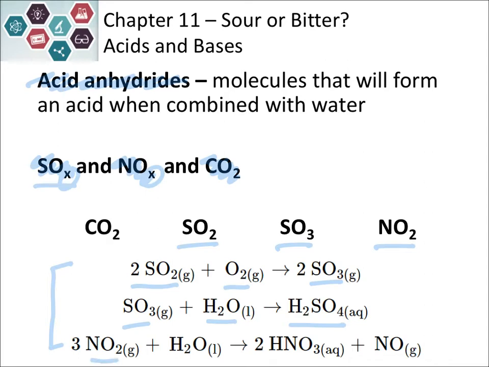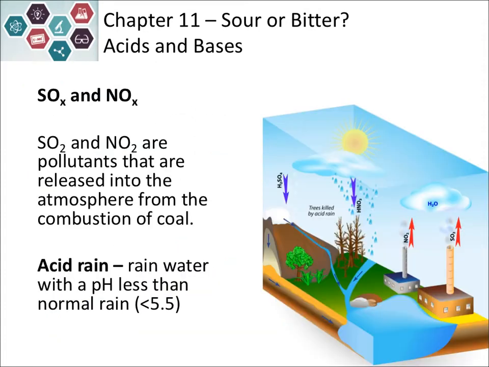NO2 reacts with water to make HNO3, or nitric acid, as well as NO. NO can react with oxygen in the atmosphere to make more NO2, which then in turn makes more nitric acid. We call these SOx and NOx, if you've ever heard those terminologies before, as well as extra CO2 that's not just naturally in the atmosphere, produced from coal plants. SO2 and NO2 are pollutants that are released into the atmosphere whenever we burn coal.